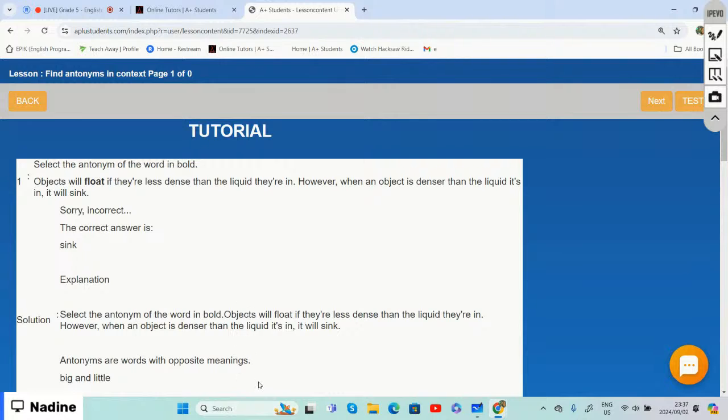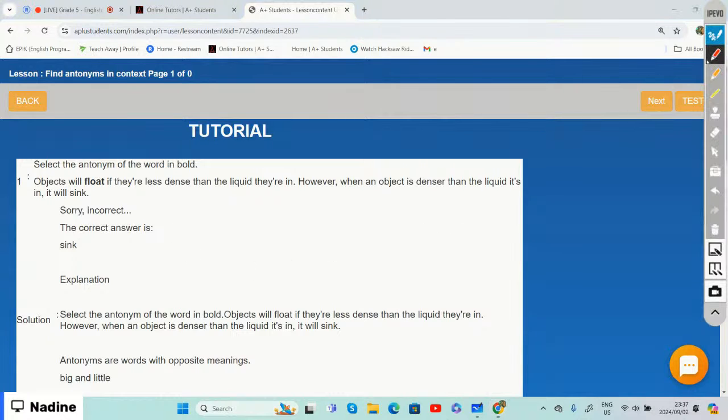However, when an object is denser than the liquid it's in, it will sink. Sink is the word that is the opposite of float, because if it's not floating on top of the water, for example, then it sinks, right?